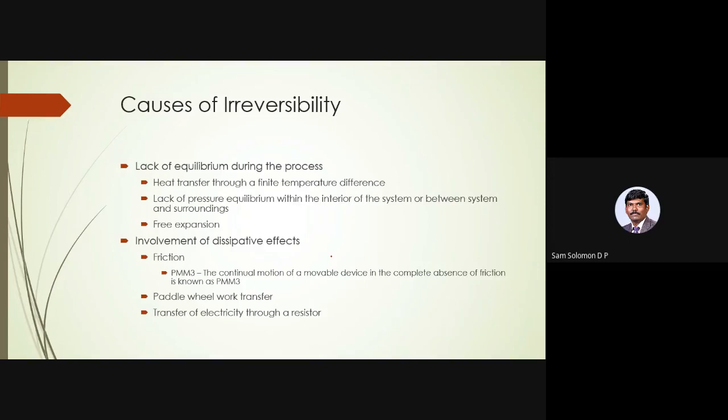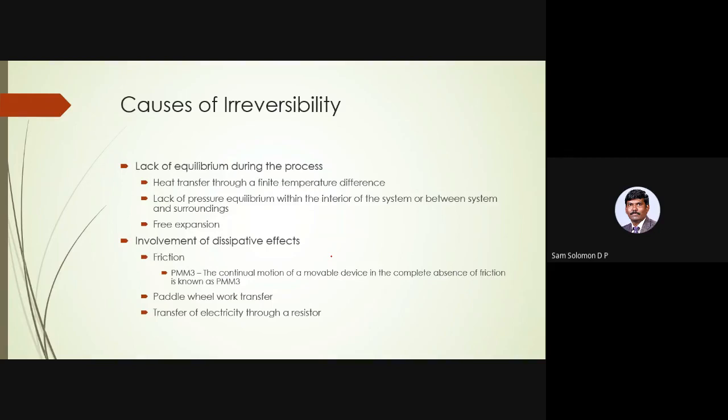So if there is a finite temperature difference, and if the temperature difference is very, very small, say the atmospheric temperature is 30 degrees centigrade, and the temperature of the object is 30.2 degrees centigrade, then that is a very, very small temperature difference. We can say infinitesimal temperature difference.